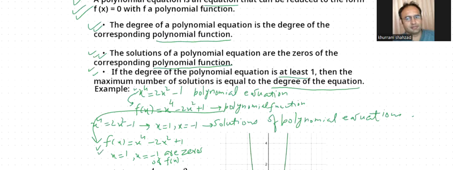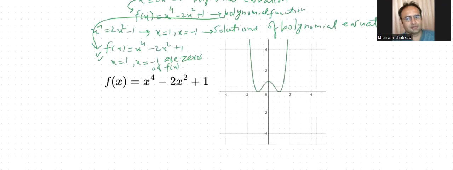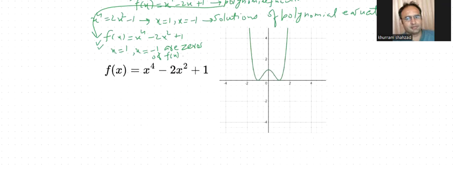So now, how can we find the zeros of the function graphically? This is the example which we are discussing. If this is some function f of x and we draw its graph here, the points on the graph where the graph is touching the x-axis are actually the zeros of the function.